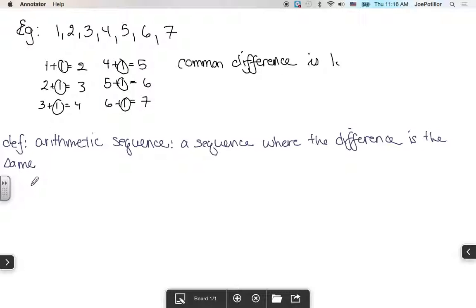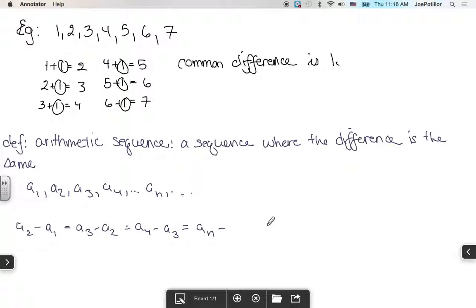Right, so for any sequence, A1, A2, A3, A4, and so on, it's arithmetic when A2 minus A1 equals A3 minus A2 equals A4 minus A3 equals A sub n plus 1 minus A sub n, which is equal to the common difference d. So all of them are exactly the same.